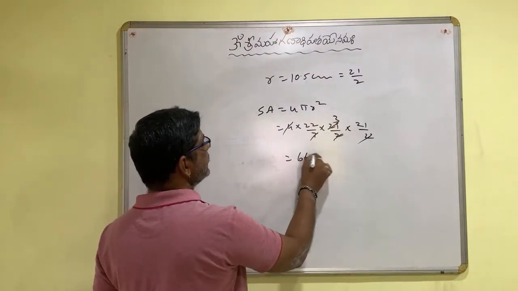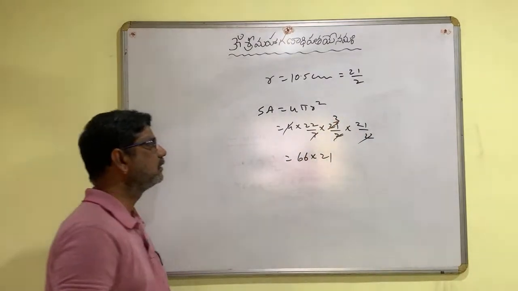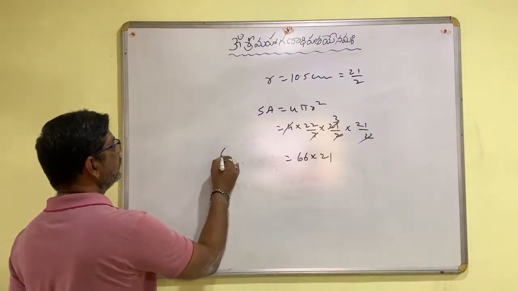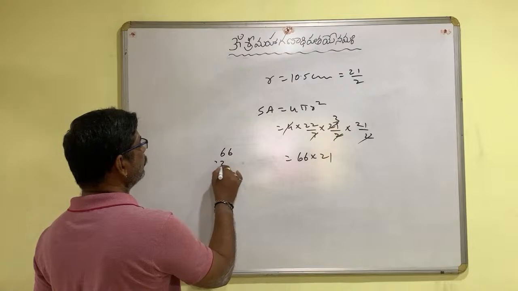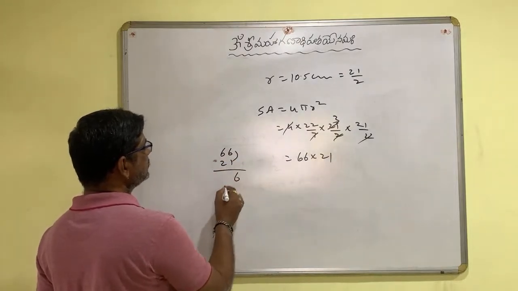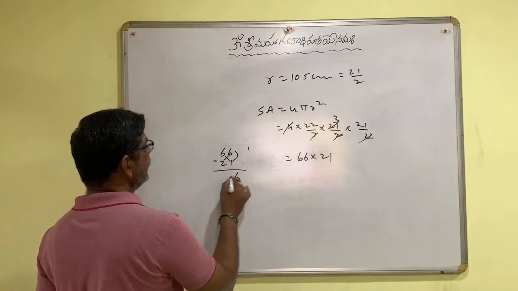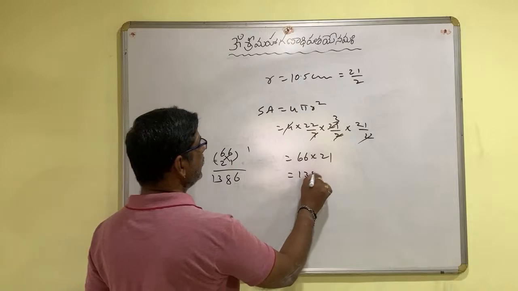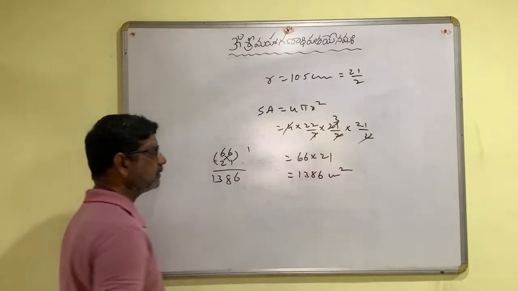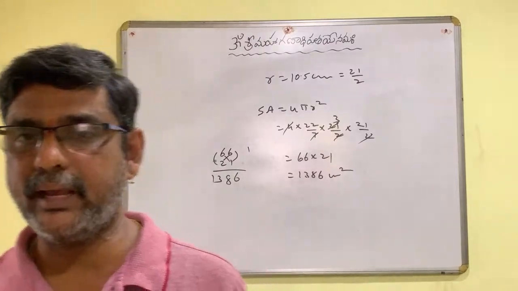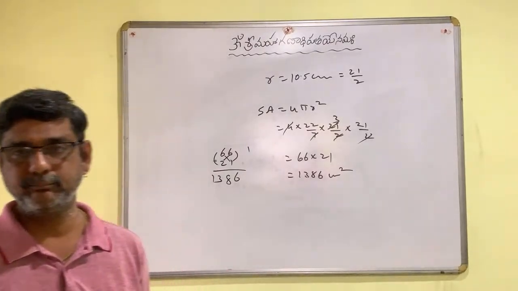So total 66 into 21. Here you can apply the Sutra Urdhva Tiryagbhyam. 6 1s are 6. 6 plus 12 is 18. 12 plus 1 is 13. 1386 centimeter square. So the surface area of the sphere is 1386 centimeter square.